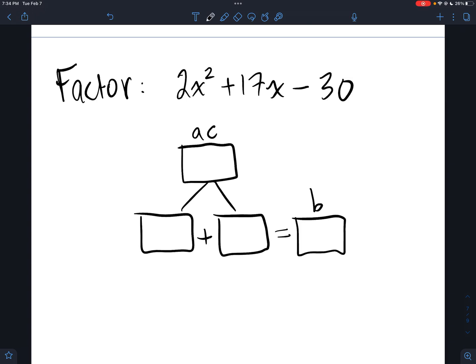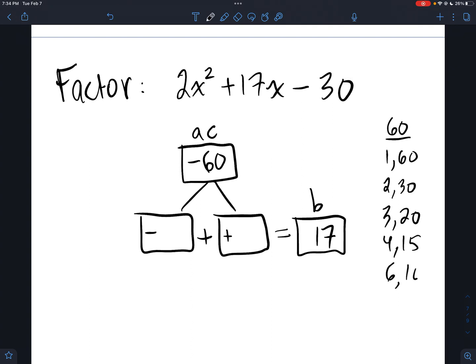Okay, so now the AC method, when we really, really need this method, we're going to take a look at negative 60 and equaling 17. So I'm seeing a negative here, which means a negative and a positive have to be multiplied together to get the negative 60. So we got a negative and a positive number. So if we look at the factor pairs of 60, which there are a lot of them, and 60 tends to show up a lot.